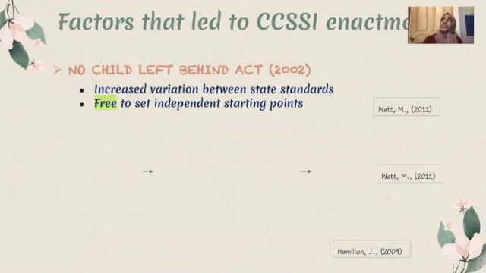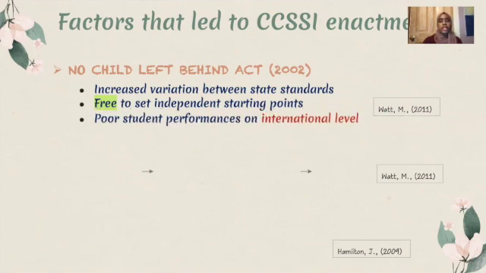Some states manipulated this license to set their own starting points based on the lowest performing schools in their district, which led to low standards, and students started scoring higher. So it made their schools look good. That's kind of how it was used.